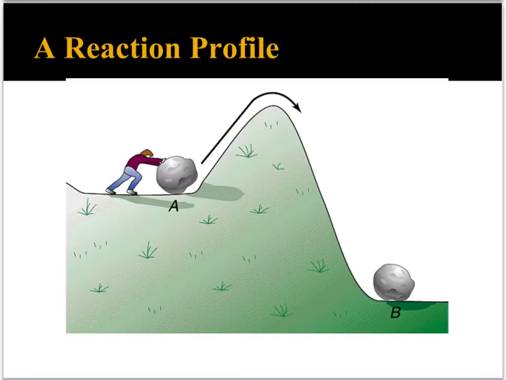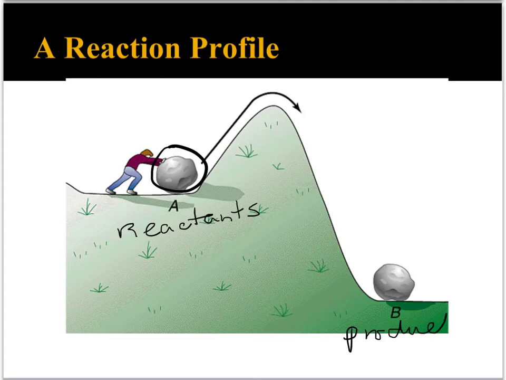Okay, so this slide right here represents the process or progress of a chemical reaction, and it's what's called a reaction profile. Now, this one's not real quantitative, but it definitely gives you the idea of what's happening. So right here you have your reactants. Letter A represents the reactants, the boulder. And in order for the reactants to be converted to products, which are over here, you have to push them to the top of this hill.